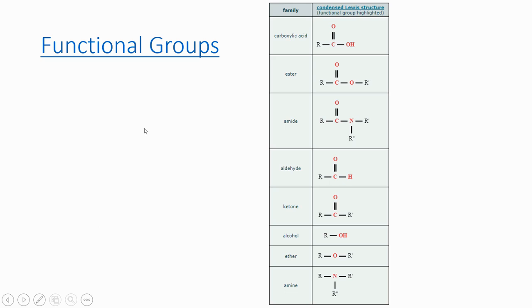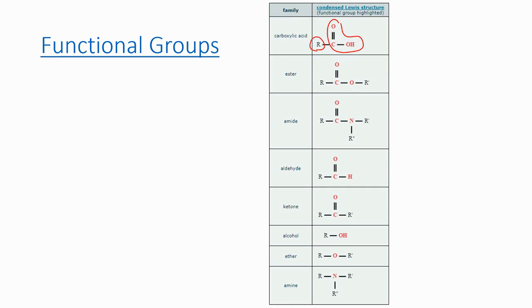So when we're looking at a molecule and trying to identify what functional group it has, we're going to look for anything that's special, and that will be the functional group. If we see a carbon double bonded to an oxygen, and right next to it we have an OH group, then that's called a carboxylic acid.